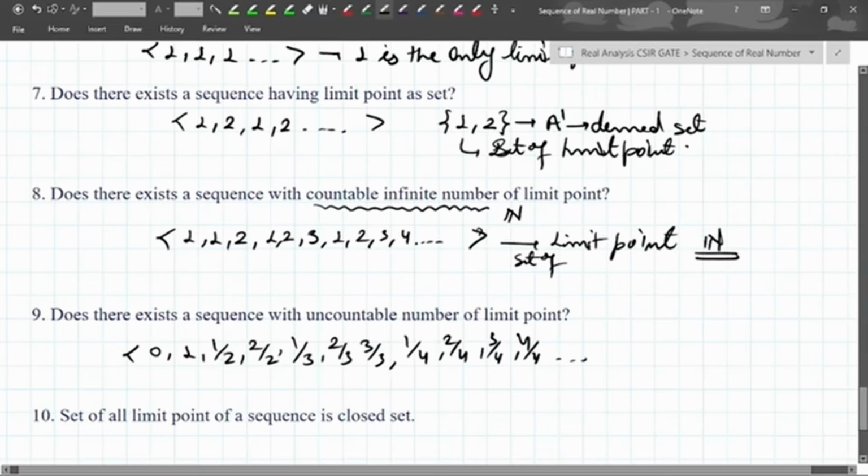Now 1 is repeating infinitely many times. Then what are the limit points? All the rational numbers belonging to the interval 0 to 1. So from here we can say the set of limit points is uncountable.